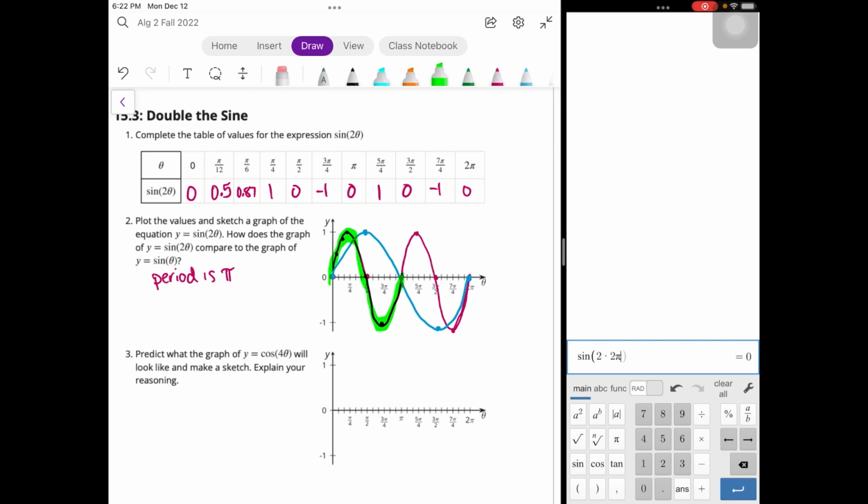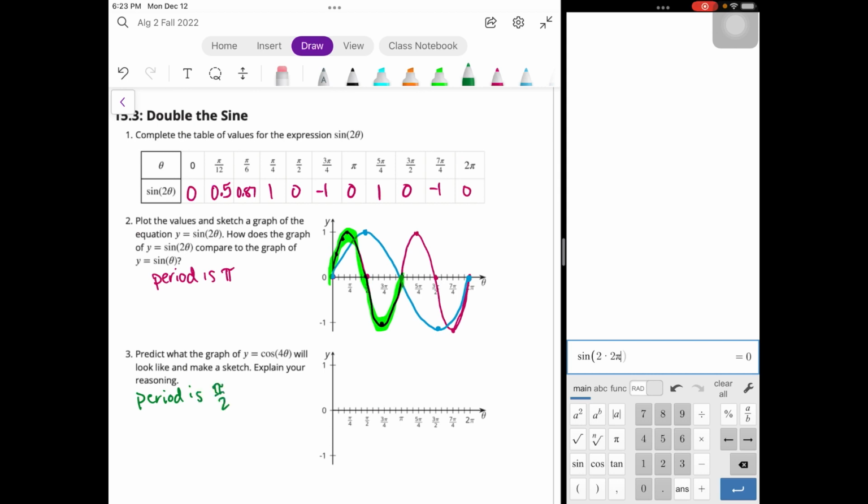Okay, so what would the graph of y equals cosine of 4 theta look like? If this period was cut in half, the period of cosine of 4 theta is probably going to be cut to a quarter. So I think the period is going to be pi over 2.